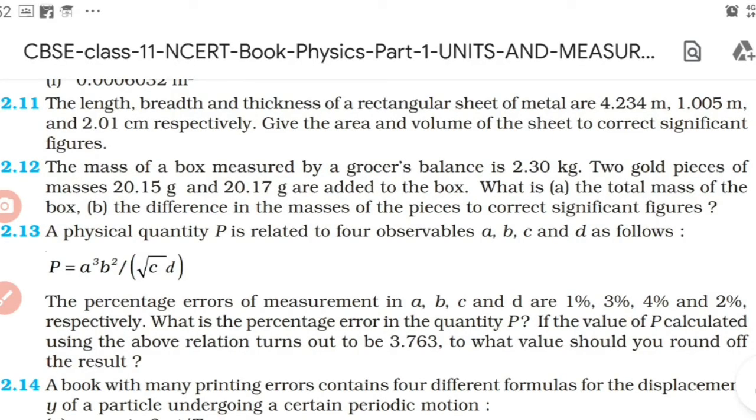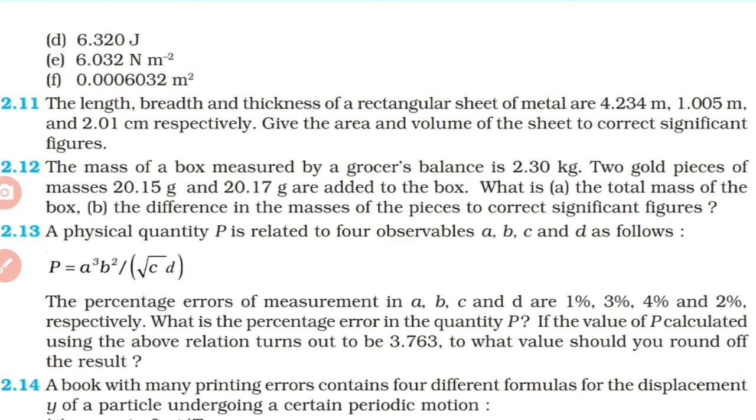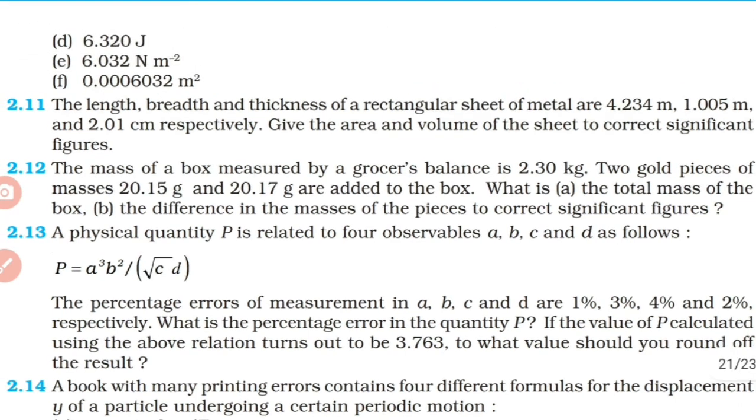Our next question is 2.12. The mass of a box measured by a grocer's balance is 2.3 kilogram. 2.30 is written there; correct it as 2.3, that 0 is not there.